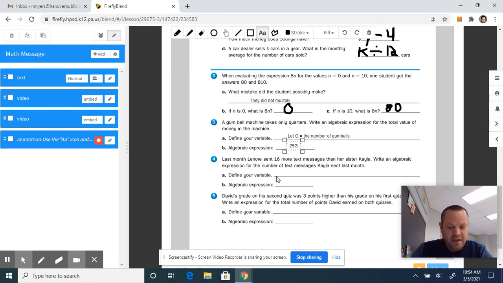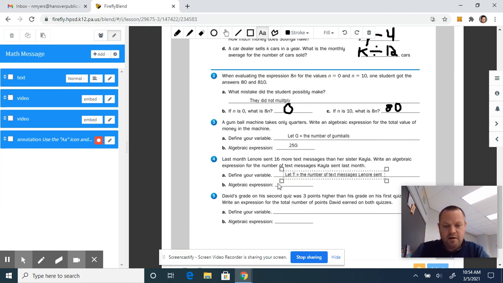Whatever letter you choose, K, X, L, doesn't matter. I'm going to use T because we're talking about text messages. Let T be the number of text messages Lenore sent, because we're trying to calculate Kayla. So I would put that down here: let T equal the number of text messages Lenore sent.